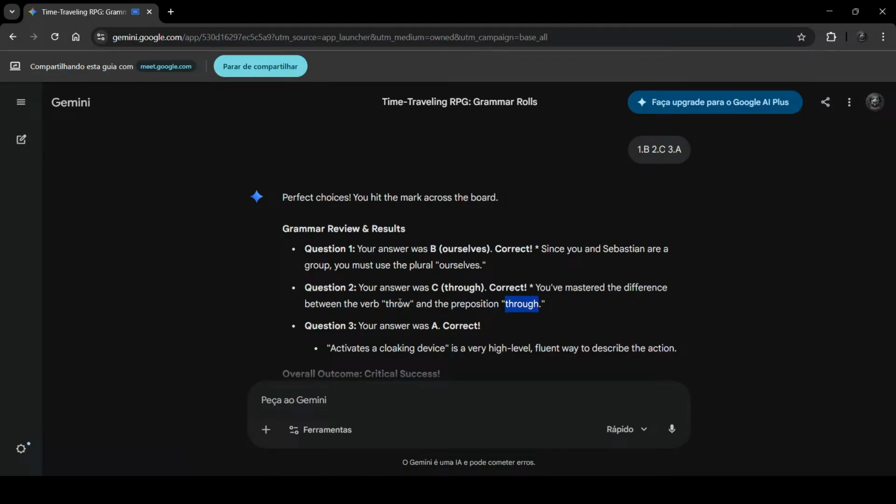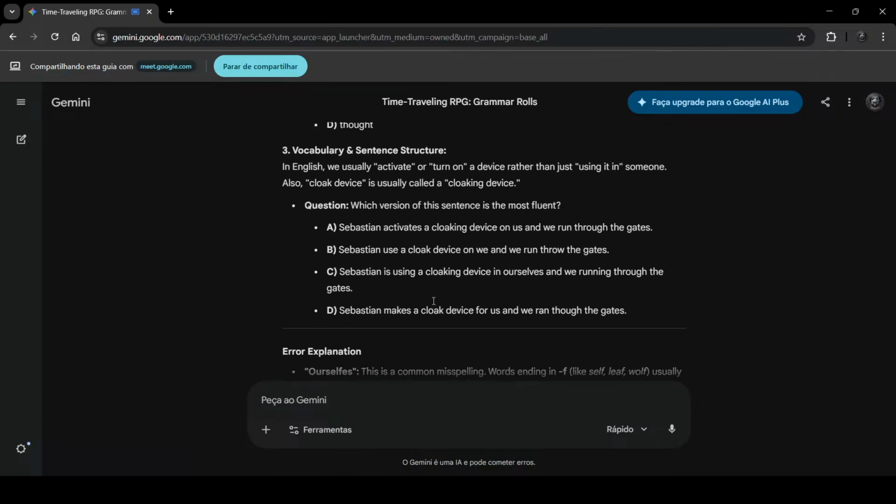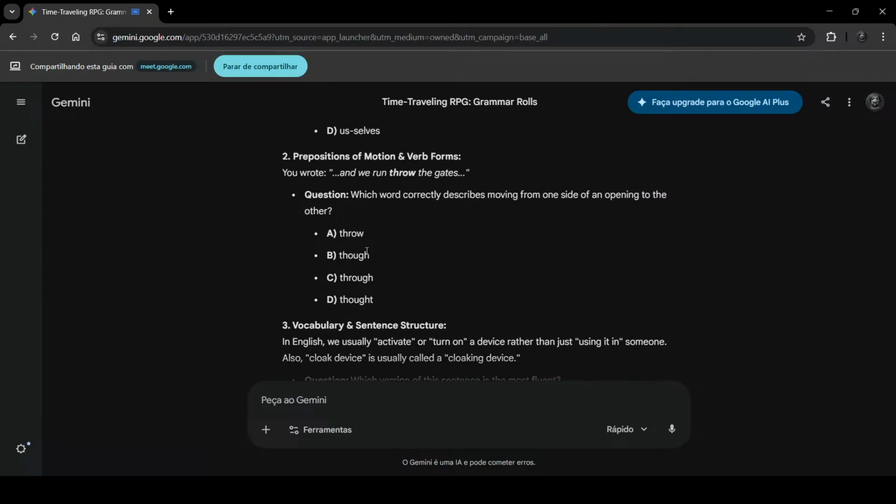Whoa, I mastered. This is throw. This is through. Let me look at the other ones that you have here. This is throw. This is though. Though is então, like even though, mesmo assim, though, mesmo que. This is through, the preposition.